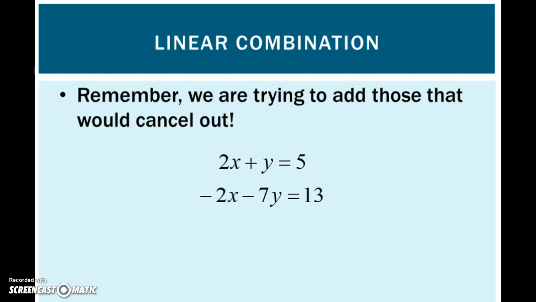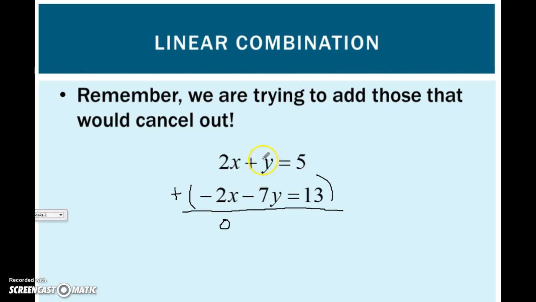You can think of this as one large addition problem. I see this 2x and minus 2x. If I vertically add the two equations, 2x plus a minus 2x, since they're opposites, those two equal 0.